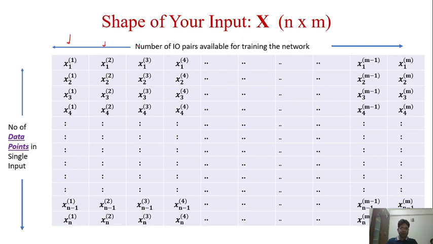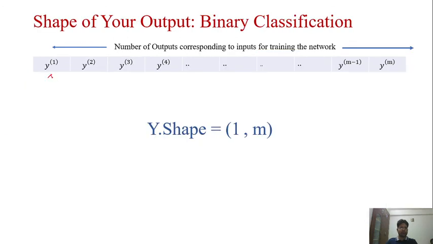With respect to each image, we have one output, like which class it belongs to: the first class, second class, third class, fourth class, and so on. In that way you can represent your problem in matrix form, so that you can feed your data into the neural network, and the neural network is able to train the entire system. These inputs will help you train the neural network.